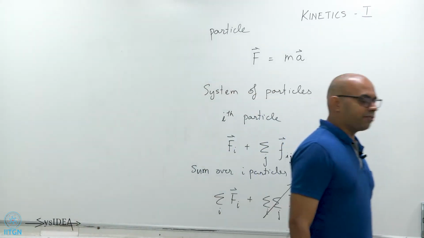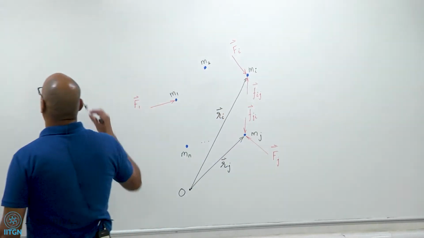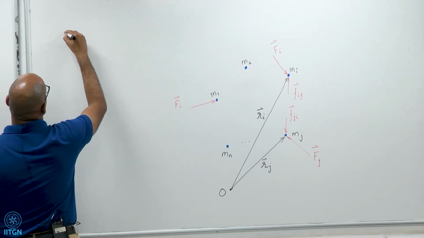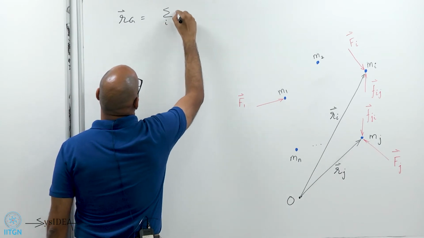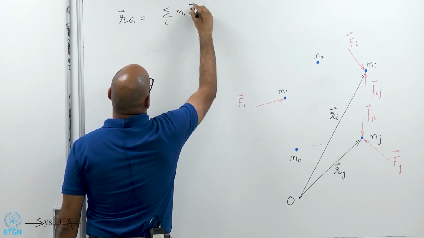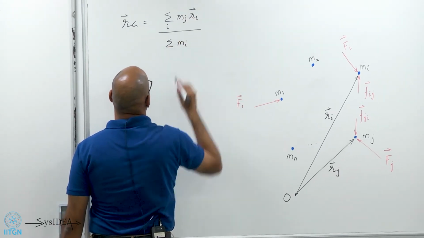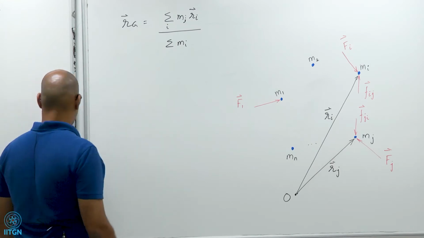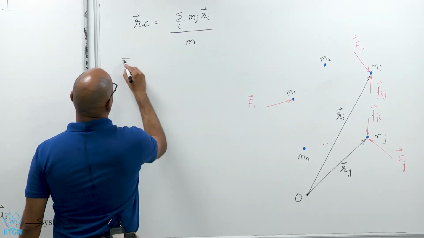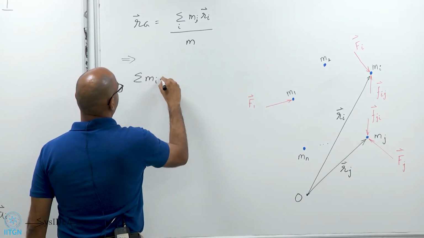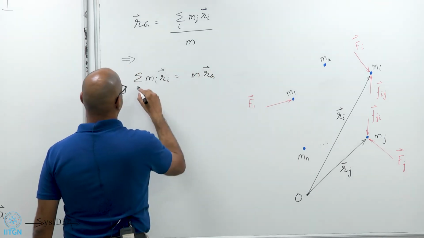On the right hand side of that equation, we are familiar with the definition of center of gravity: rG is the sum of mi ri divided by the sum of mi, and this I will just call M. Therefore, the sum of mi ri is equal to just M rG.